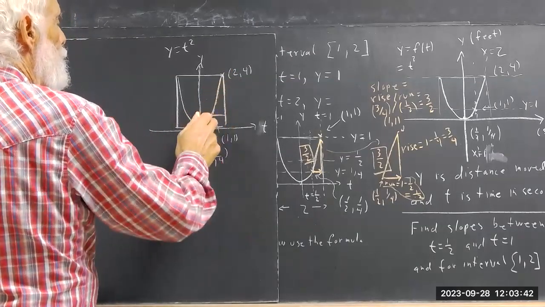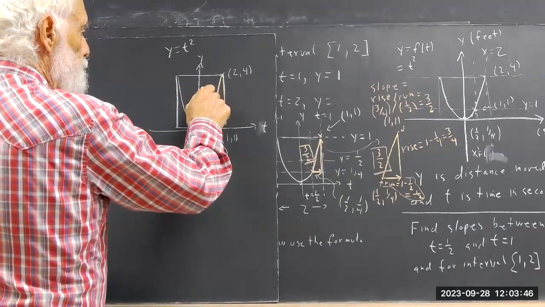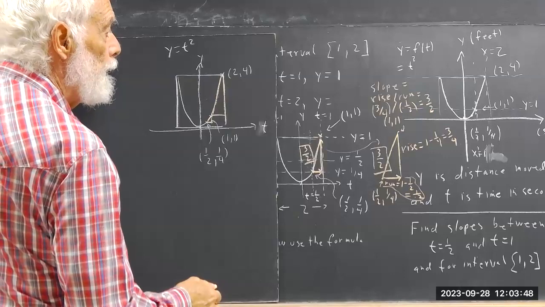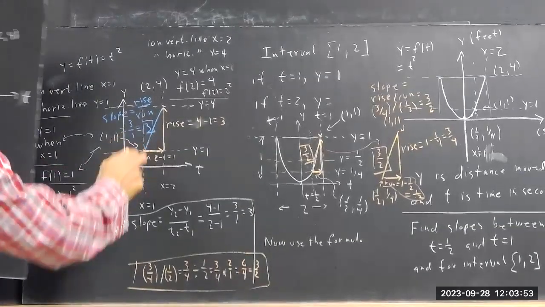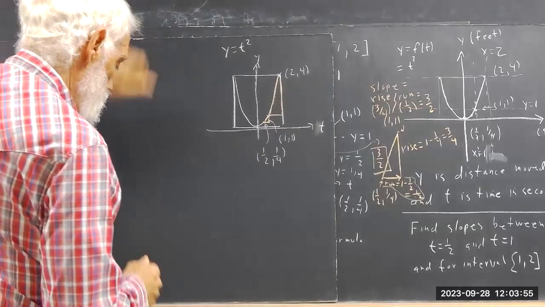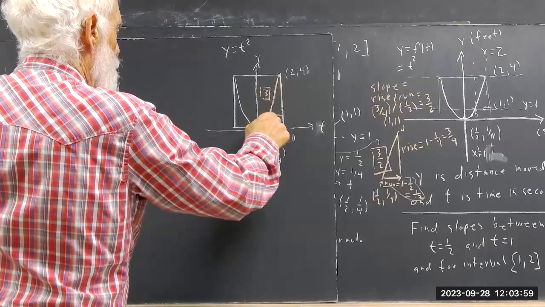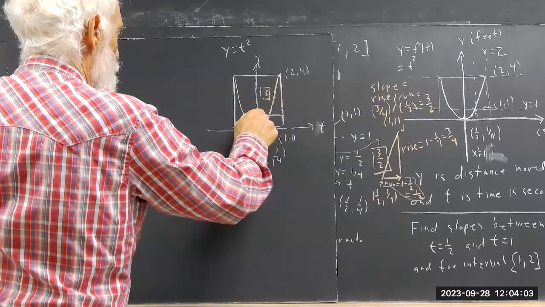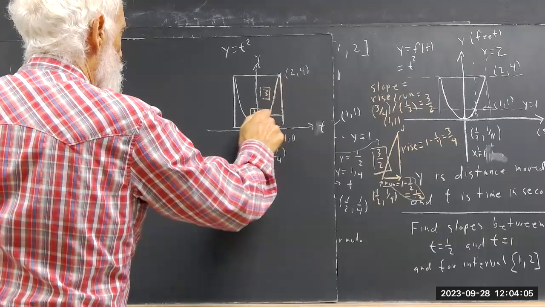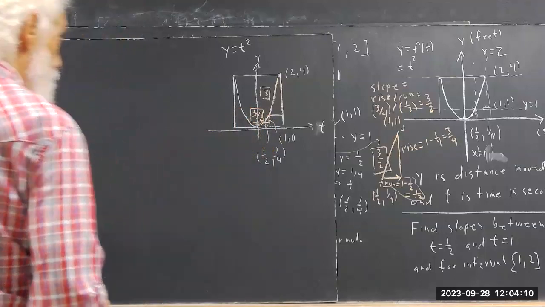Between these two points, the slope was, where did I label it? 3. And here the slope was 3/2, and it's really poorly written. It's 3/2 there.